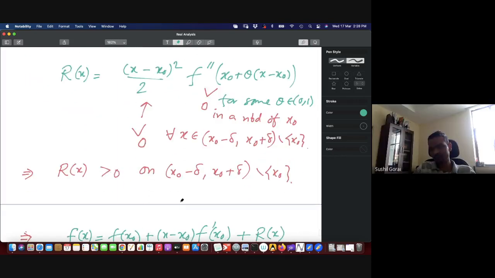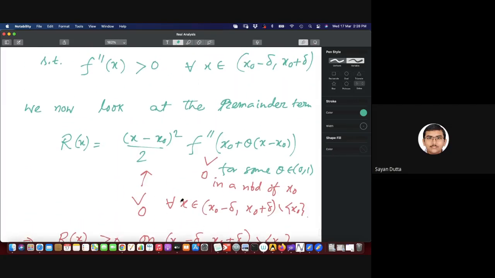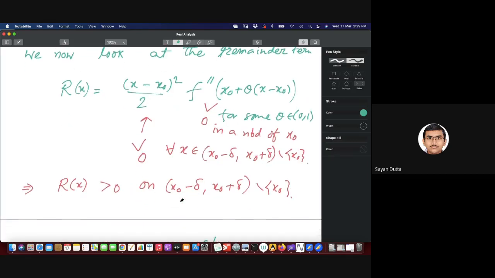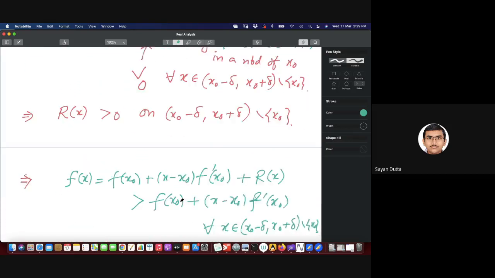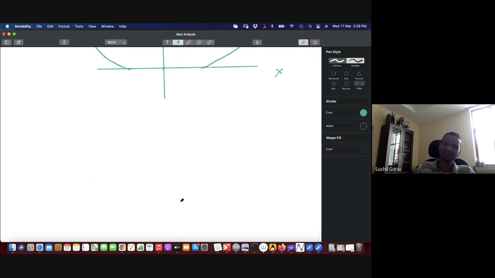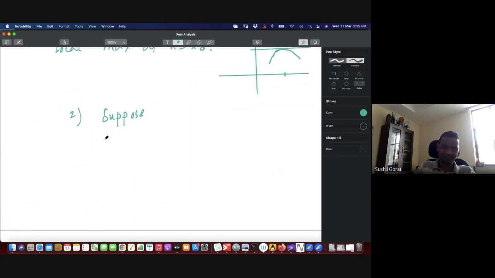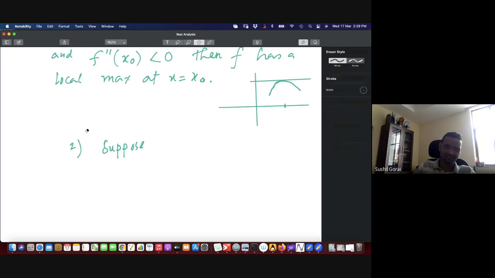Can you give an example where the second derivative is not continuous at x naught and this thing does not hold? Well, you look at again this one. So, pathological examples.